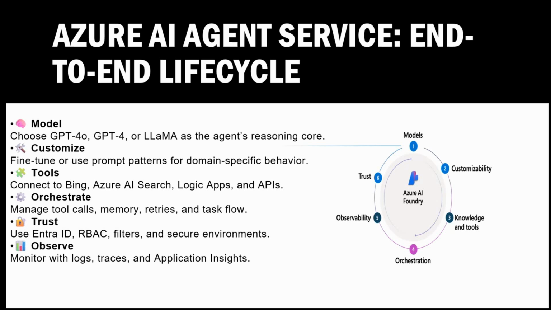And when you are done with the orchestration part as well, you would be going on with trust and observability, which is your fifth step. When you have the trust added for your agent, you should be ensuring that everything is suitable and reliable for the workload you have assigned.